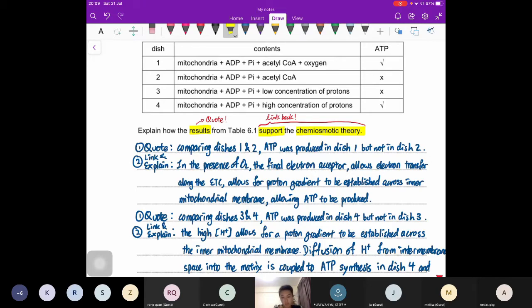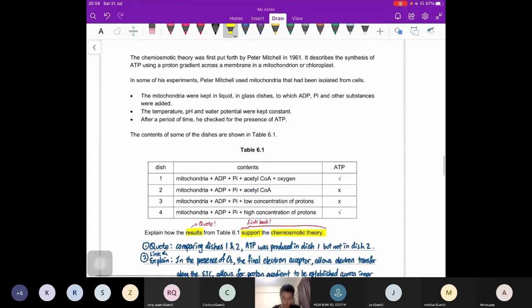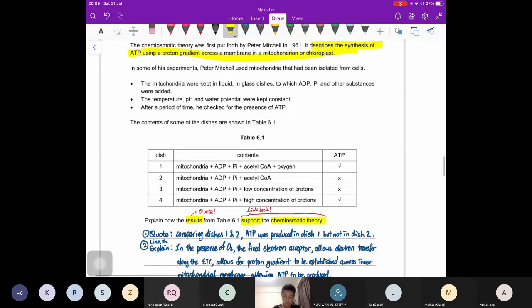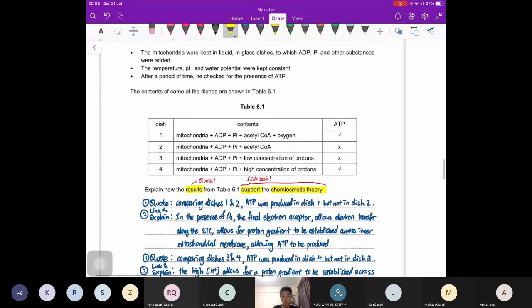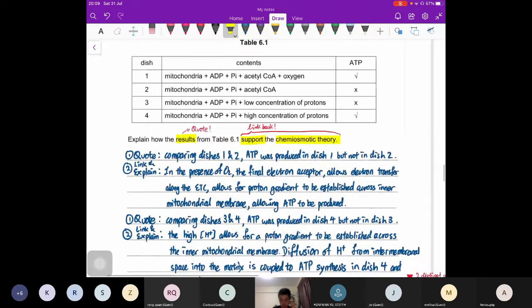So results and table mean that I have to quote the results given in the table. And support chemiosmotic theory. Chemiosmotic theory is here at the start. Synthesis of ATP using proton gradient across the membrane, right? So I just had to link it back to the chemiosmotic theory.